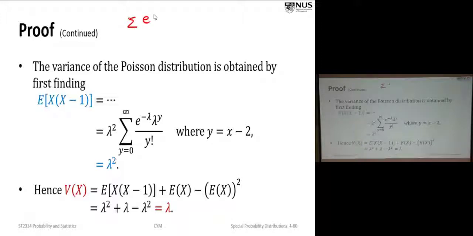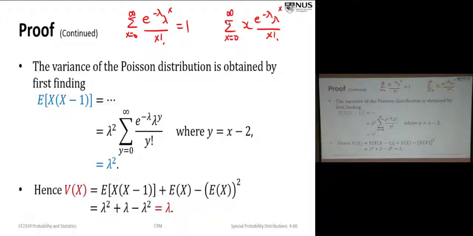The summation of e to the power minus lambda, lambda to the power x over x factorial, x from 0 to infinity, is 1. In fact, after we have shown the expectation, I also know that if we have something like this, it doesn't matter whether it starts from 0 or starts from 1. All right? You can have x equal to 1. It's the same thing. What is this? The answer is lambda. All right?